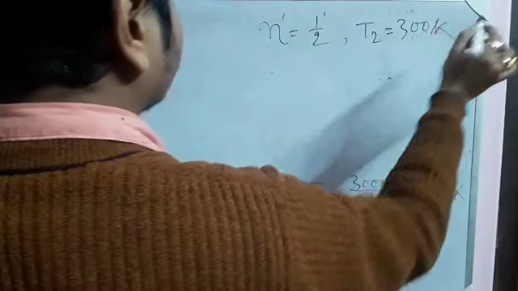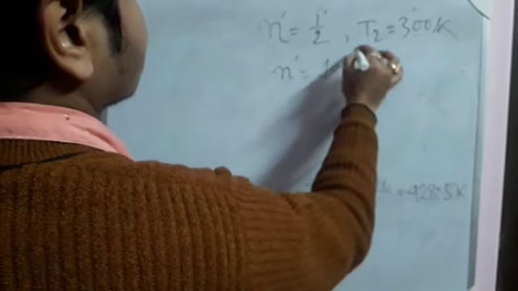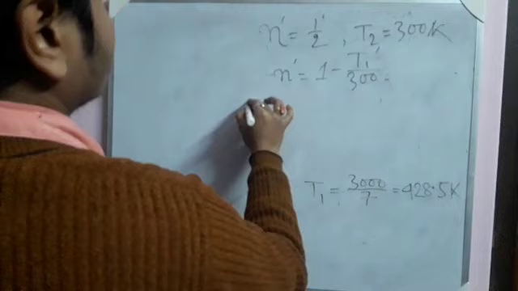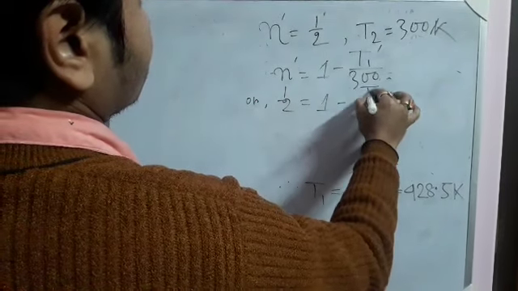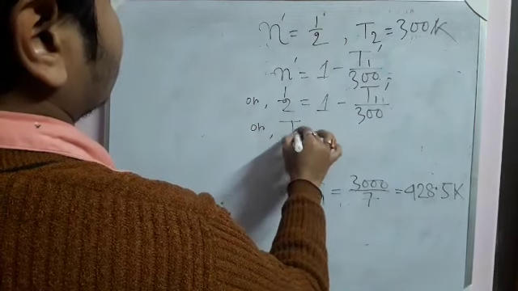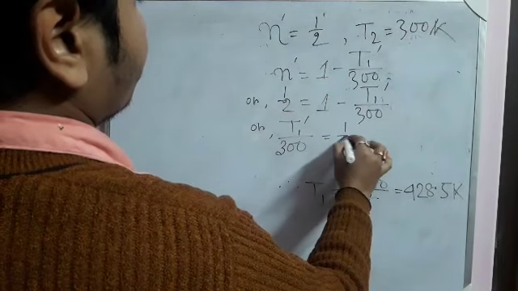Now you can find out the source temperature. Eta dash equals 1 minus T2 upon T1 dash, and T2 remains the same. So eta dash is half.